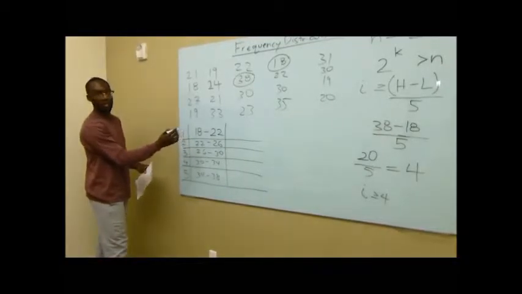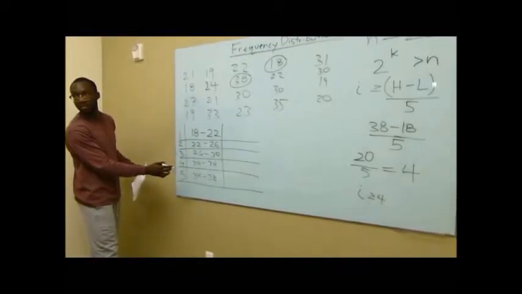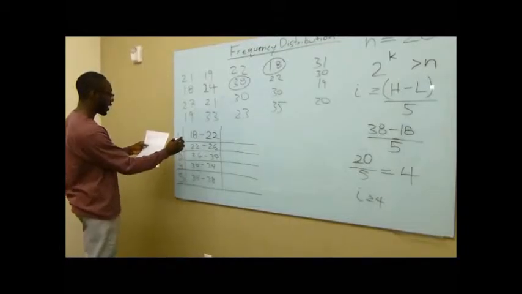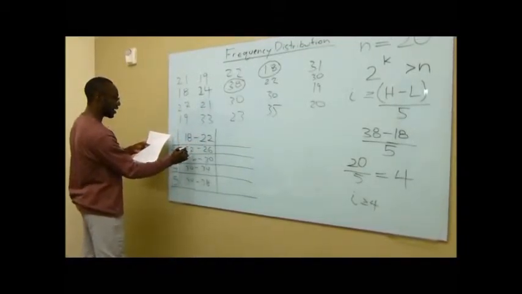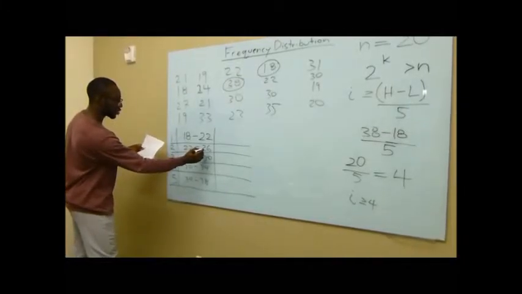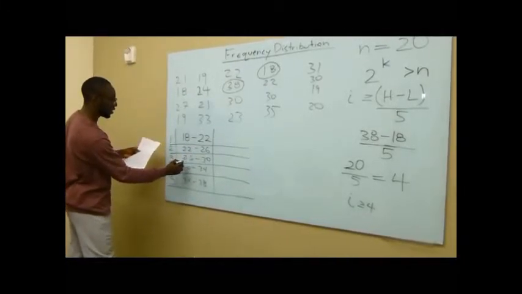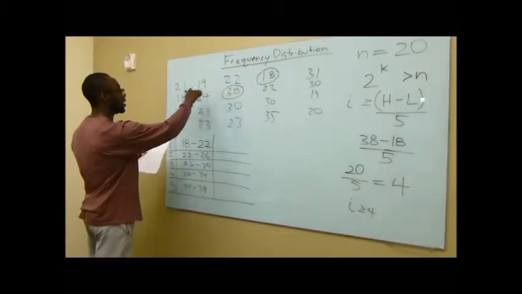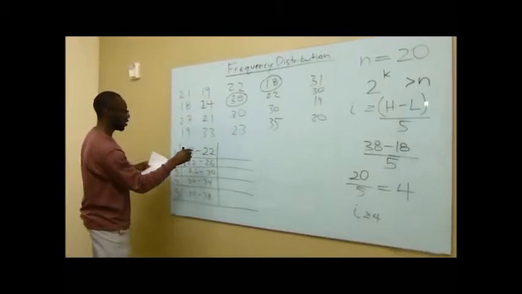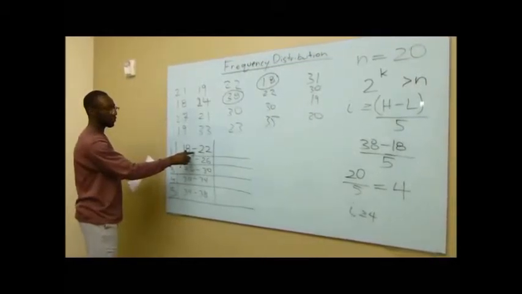Whichever way you do it, you need to remain consistent. And for this, we're going to exclude 22 here and include them here. Then we're going to exclude 26 for this and include it here. And now we're going to see how frequently these numbers appear inside this interval.